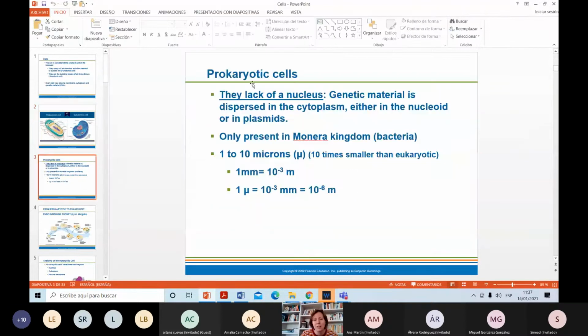So that's what you've got here in this slide. Prokaryotic cells, they lack a nucleus. They don't have a nucleus. The genetic material is dispersed in the cytoplasm. It could be in two different regions, the nucleoid or the plasmid.